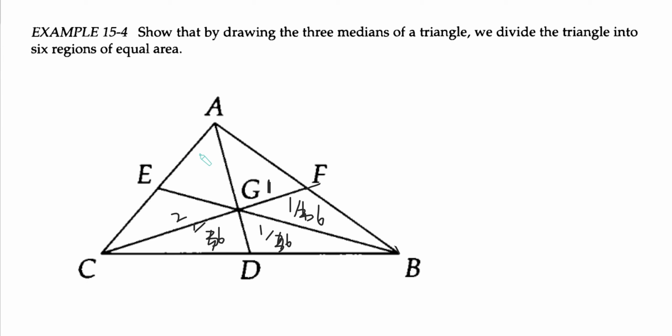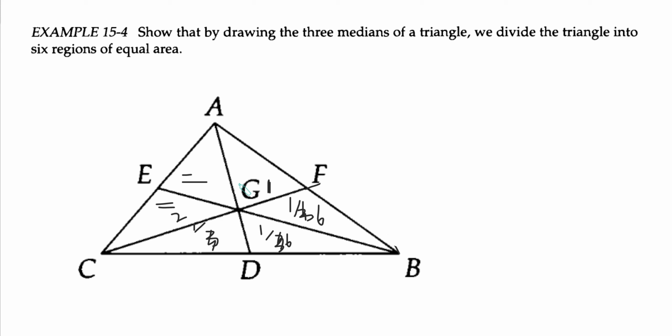And we know ACF is a half of the total triangle, and these are equal. Now, what about this one? If we can show this as well, we've already done it. I know it's already true by symmetry, but I'm going to do it anyway, just to get some practice explaining things.